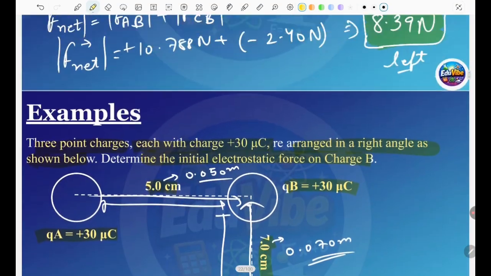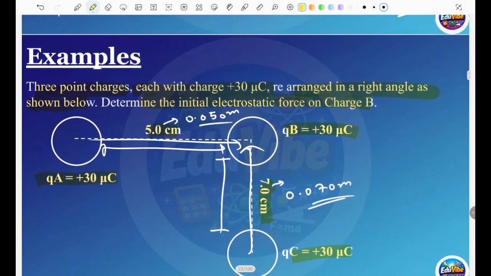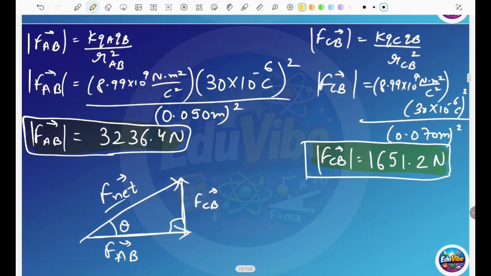This is the simple type of thing we deal with. First we do the simple version, then we move on to the more complex, which is the right angle one. When we do some practice questions, we will do more complex ones. Also in electric fields, vector analysis and vector addition come again, and we will do more and more complex ones. This is very important because in this we find the net one.